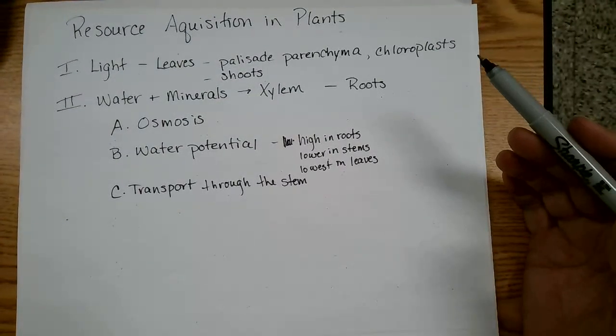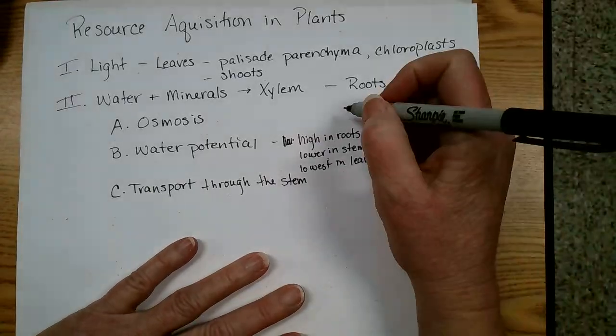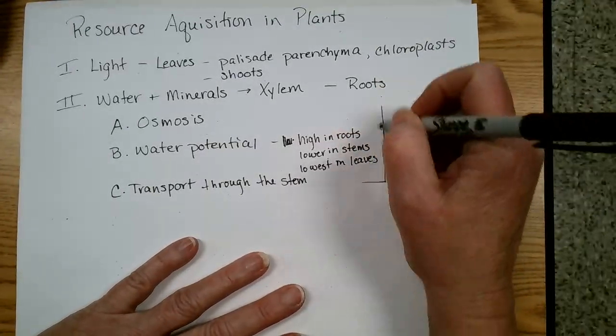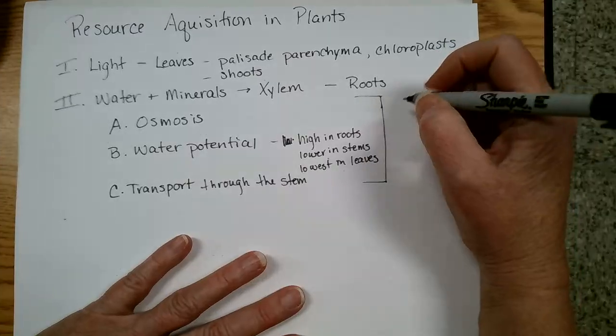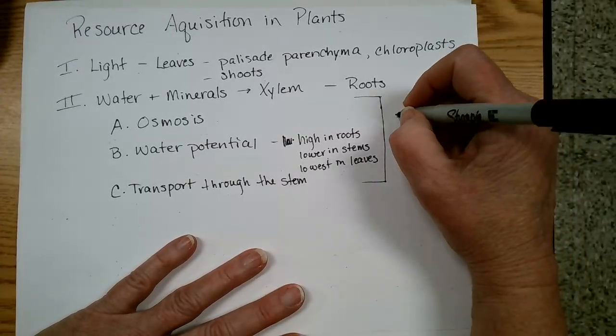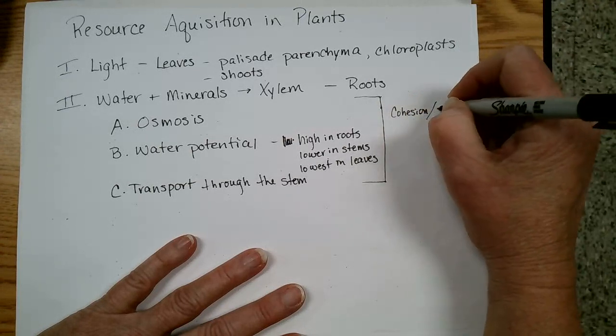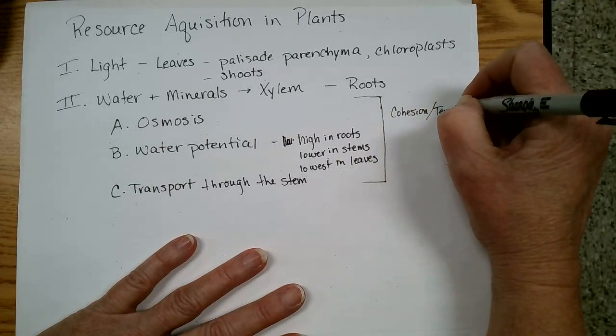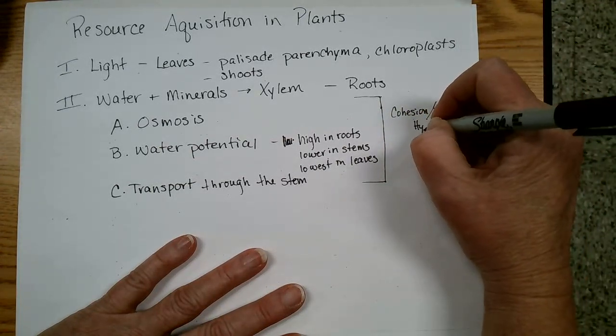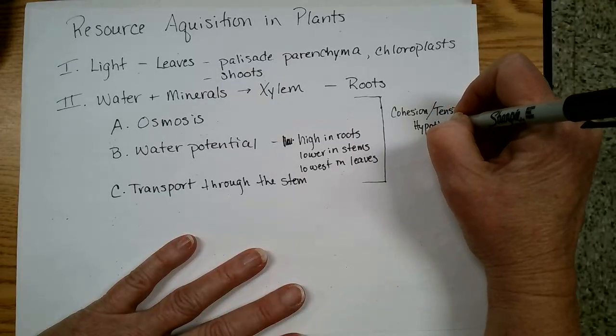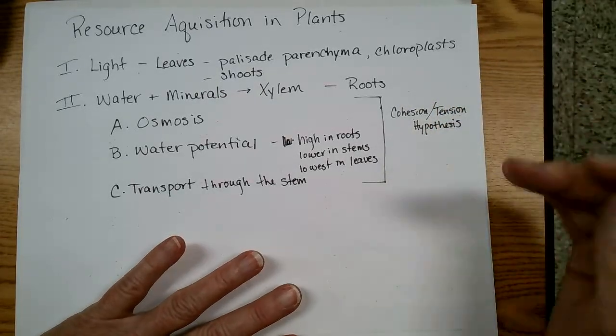But it's not all about that. There's actually a hypothesis or a theory based on all of this. They call it the cohesion tension hypothesis, as to what drives that water up a plant.